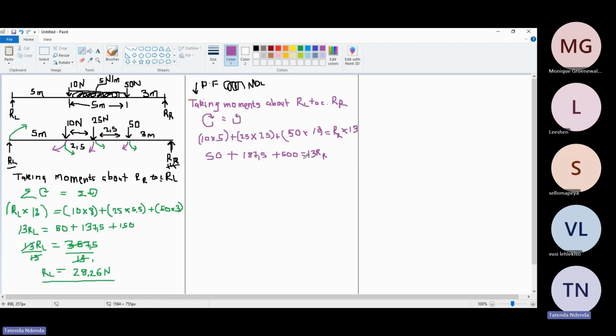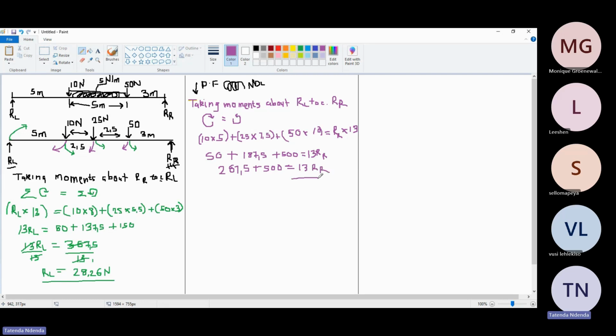The total is 287.5, plus 500, is equivalent to 13 RR.